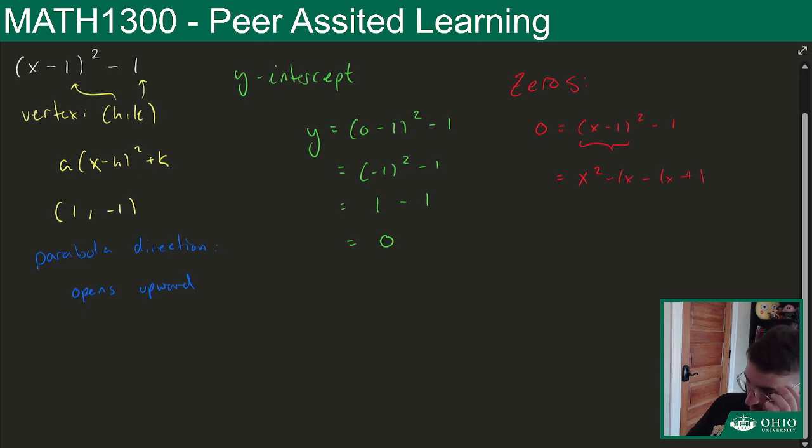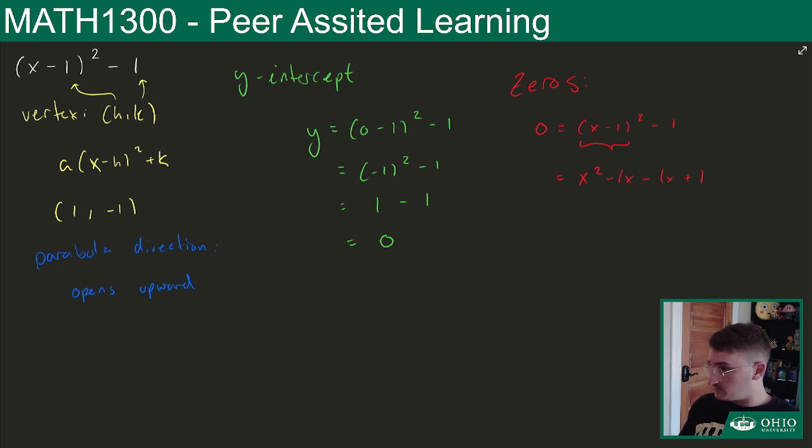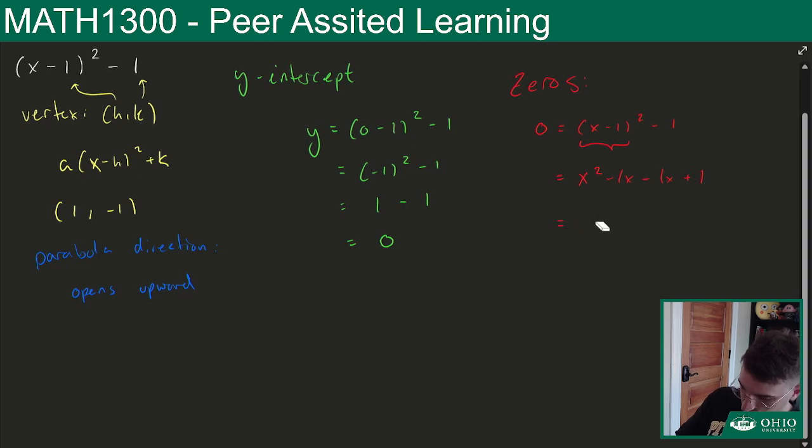Now we can go through and combine like terms. The two minus 1 x values can get combined into negative 2x plus 1. And then I realize that we also just want to bring down the minus 1 on the end.